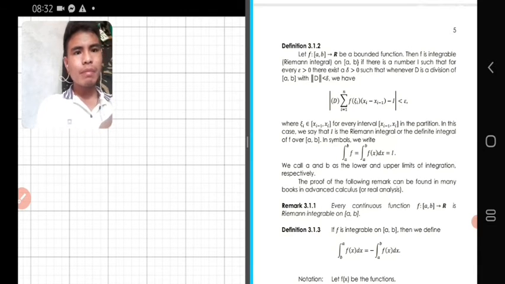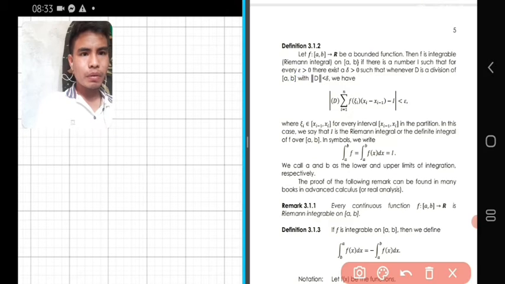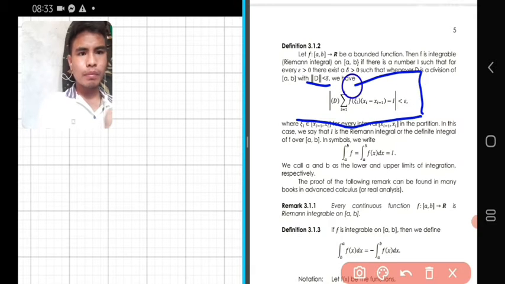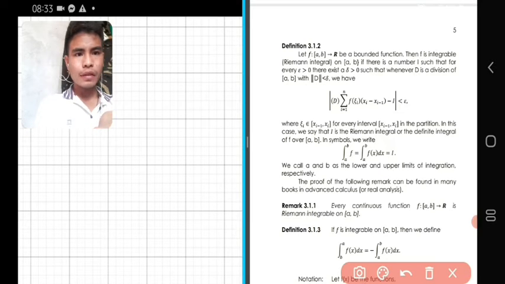Then f is Riemann integrable on a, b if there is a number I such that for every epsilon greater than 0, there exists delta greater than 0 such that whenever D is a division of a, b with the size of the partition D less than delta, we have the absolute value of the summation of f of chi sub i times the difference x sub i minus x sub i minus 1, minus I, as i ranges from 1 up to n, is less than epsilon. Where chi sub i is also an element of the interval x sub i minus 1, x sub i for every interval in the partition.